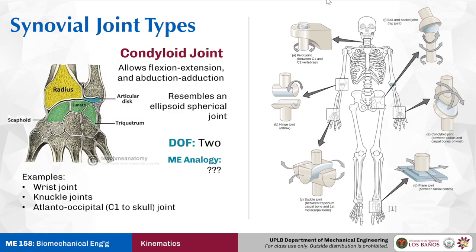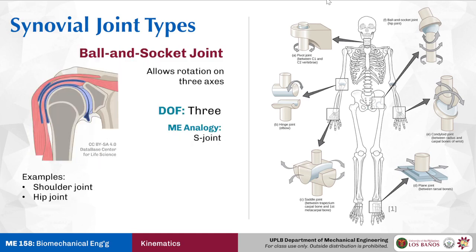Aside from the ball and socket joint, we have what we call the condyloid joint. If you look at the ball and socket joint, it's essentially a spherical end of one bone connecting to a spherical depression or spherical socket.